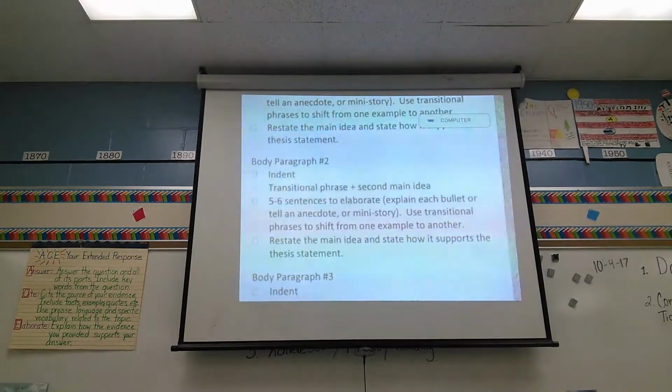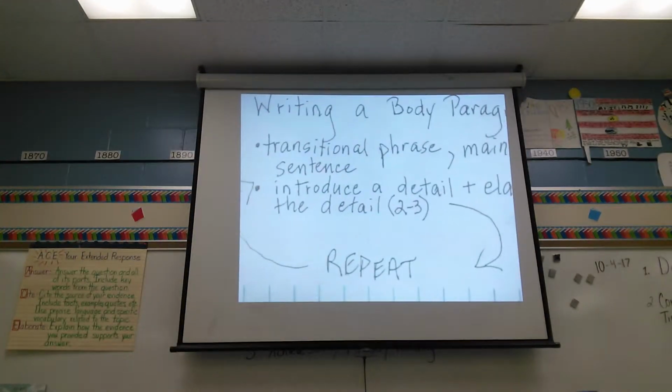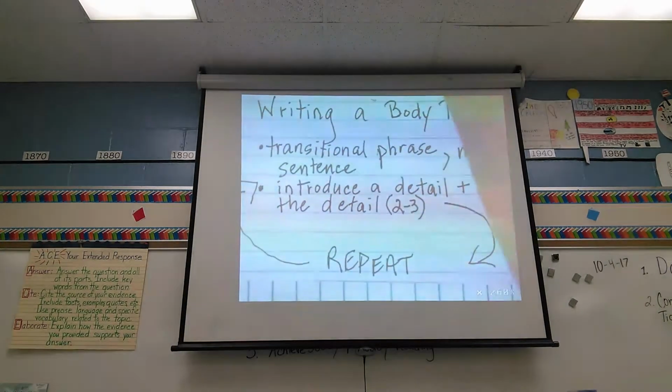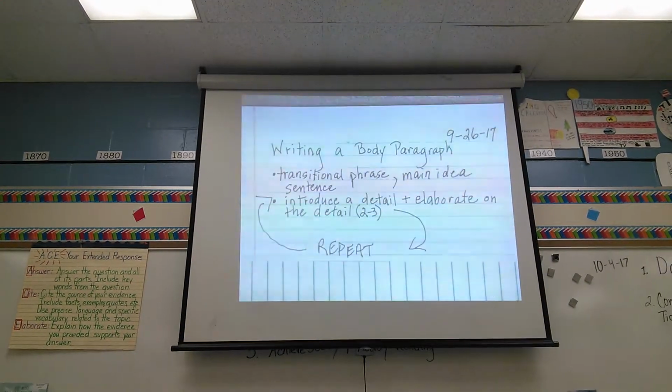Okay, so let's take a look at the different steps that we talked about in our mini lesson, and students created this chart in their own notebooks so that they can reference this chart whenever they need to. Okay, so when we write a body paragraph, we select a transitional phrase and add our main idea sentence from our outline.